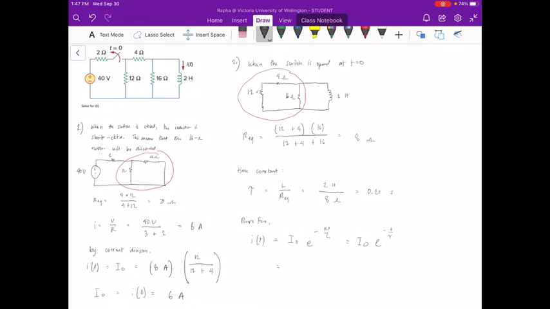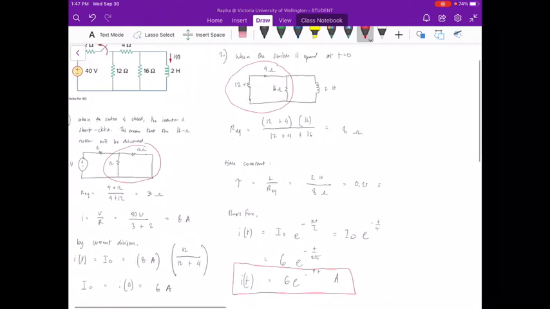Then we have I0 to be equal to 6 amperes, and e to the negative t over our time constant, 0.25 seconds. Our i(t) therefore is equal to 6e to the negative 4t amperes. So that is our final answer. This is what the current formula looks like for our given circuit diagram.